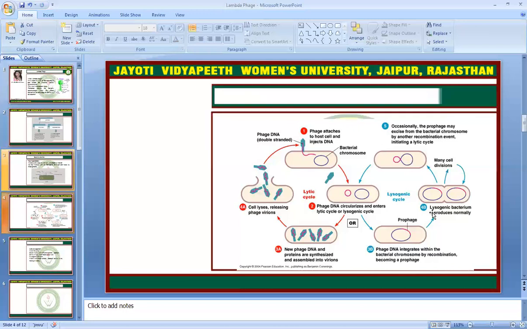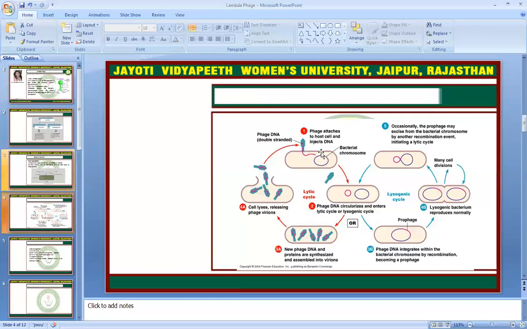Then it will go into the normal reproduction process, meaning it will create new bacterial cells and replicate by the normal replication process. Many cell divisions will occur, and then when the bacteriophage needs to enter the lytic cycle, it will separate from the bacterial DNA and go to the lytic cycle.